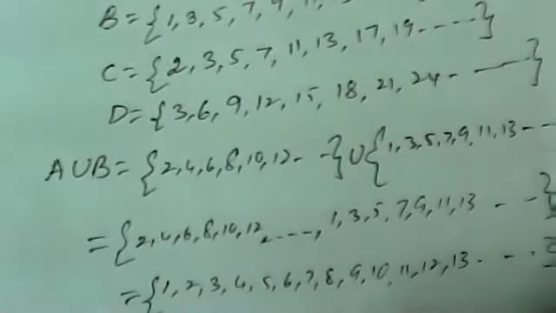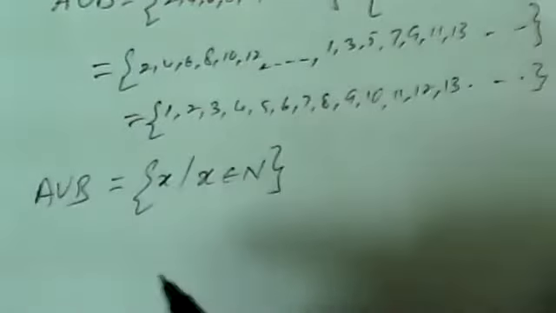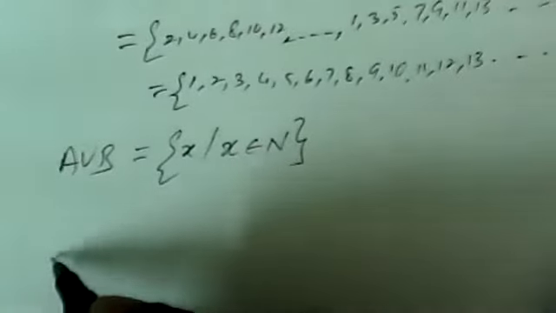The union of odd numbers and even numbers is nothing but the set of natural numbers, an infinite set. So A union B is the set of all elements x such that x belongs to N. Next we go to A intersection B, the second part. I will give you time to write.